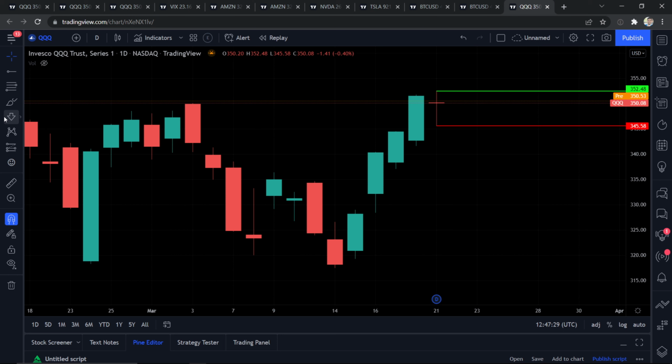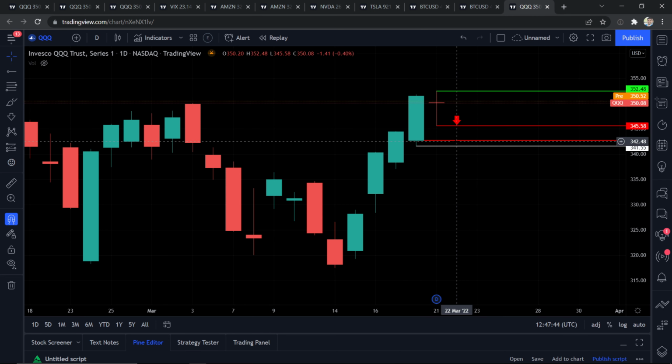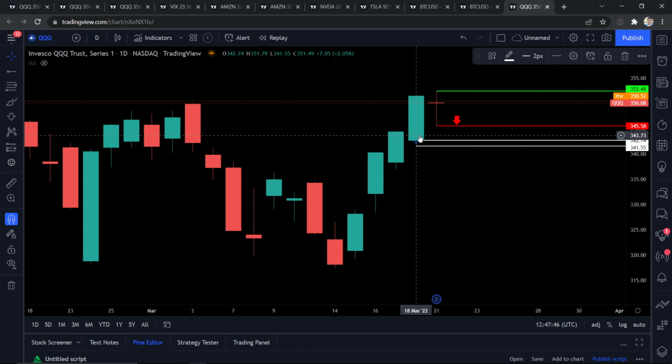So if we break below this day, then the sell pressure is going to lead us a little bit lower. It's likely to lead us back into the Friday levels. Okay, so it's likely to lead us down here.